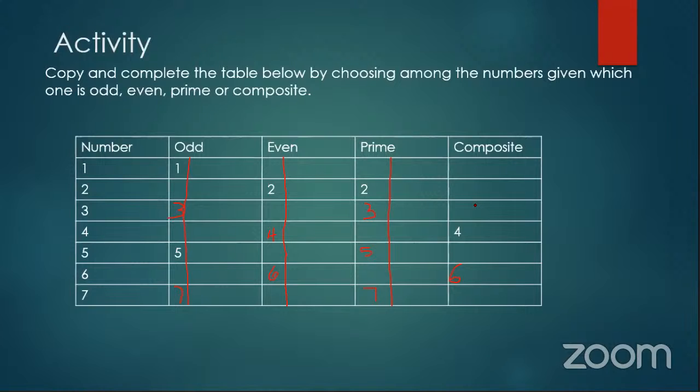Prime numbers are written 2, 3, 5, and 7. And composite numbers are written 4 and 6. Okay, thank you. Any other? It seems all of us are giving the same correct answers. Any other who would wish to share with us their answers?